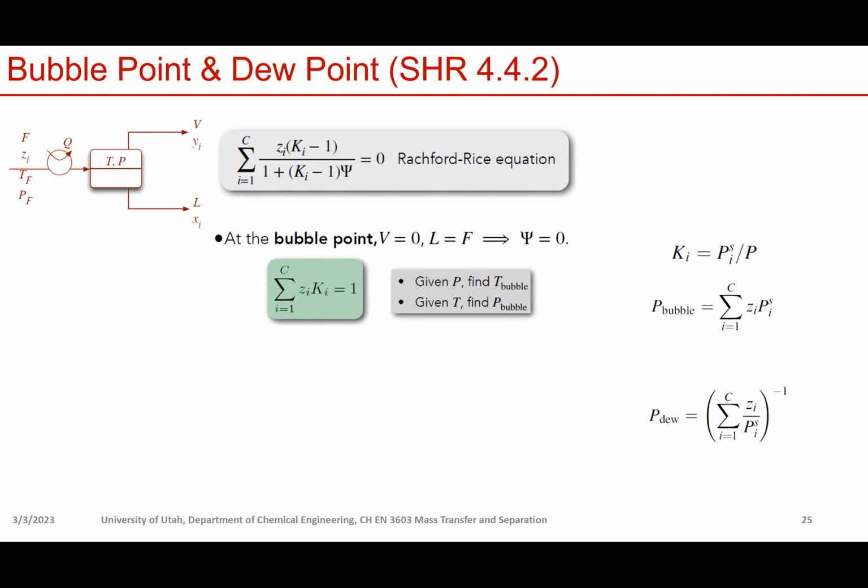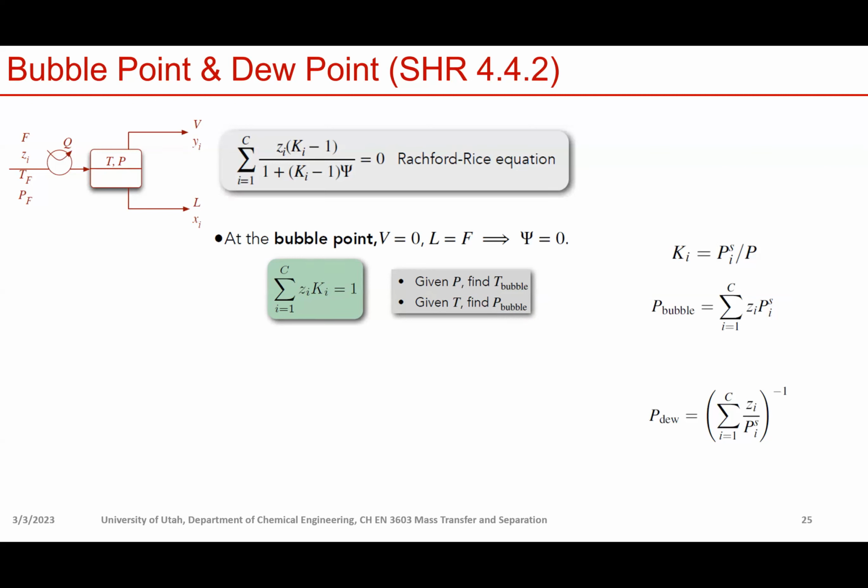Now, if you plug in psi equals 0, this term vanishes, and this is 1, so we can just ignore that. And we have Zi, Ki, and if you put Zi into these brackets, you have Zi multiplied by Ki minus sum Zi equals 0, right? And sum Zi is 1, so if you move that to the right, you have sum of Zi Ki equals 1.